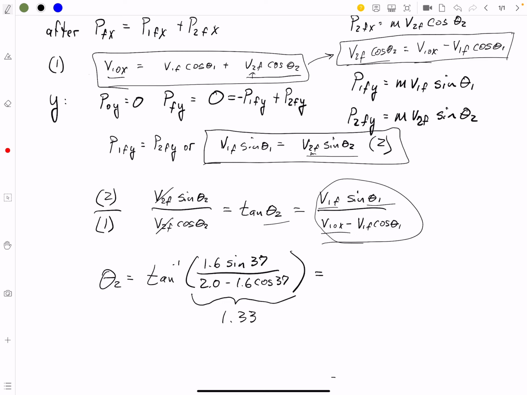But if we take the arctangent of that, we end up with 53.13 degrees. And that is within the range. So theta 2 is in the 53 plus or minus 1.5 degrees range.